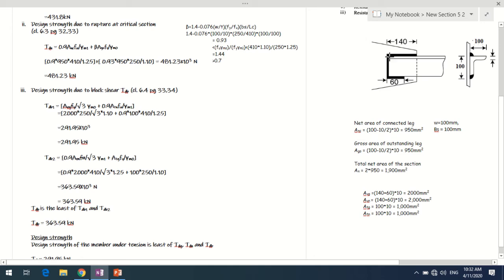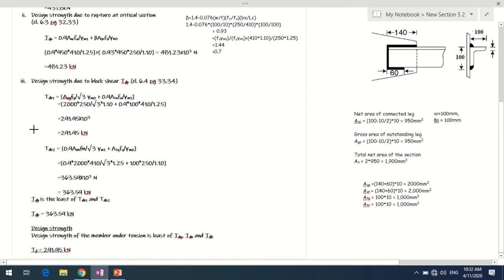Now the tension plane will be here, perpendicular to the loading. This will be the tension plane, which is 100 mm because this angle section is ISA 100 by 100 by 10, so the width of the angle will be 100. The net area or the gross area along the tension plane will be 100 into 10, which is 1000 mm square. Using these areas, that is AVG, ATN, one block shear strength comes out to be 291.95 kilonewtons.